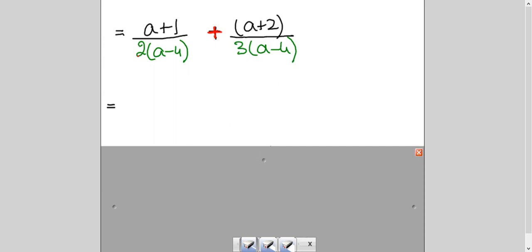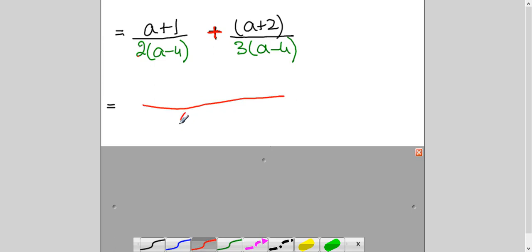Okay, so if I take LCM here, so it is 6 and a minus 4. Right? This bracket I will write as it is, a plus 1. Now I need to compare this denominator with this one. You see a minus 4 is same. And 2 3s are 6. So it will multiply by 3.